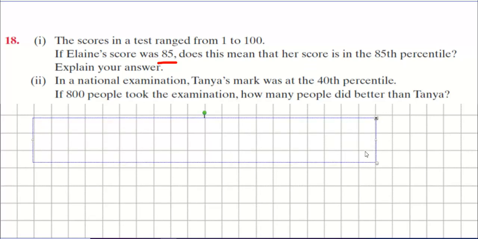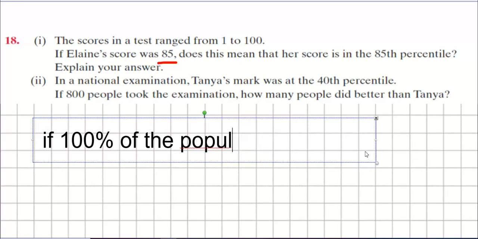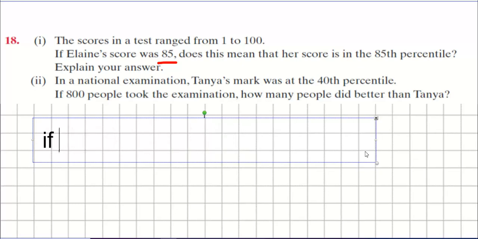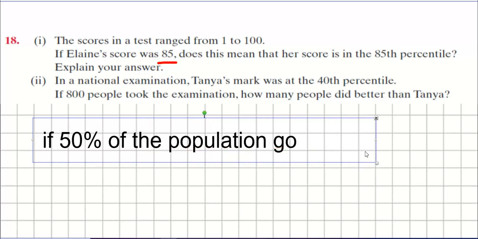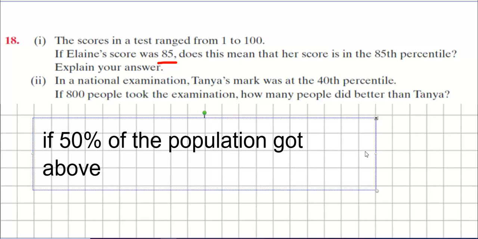So I'll give you an example. If 50% of the population got above 85, this means she'd be what?